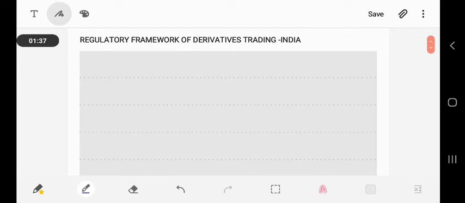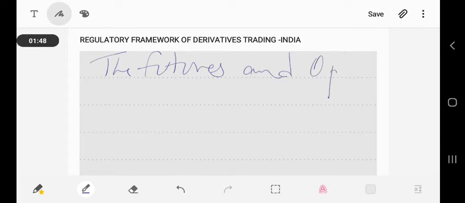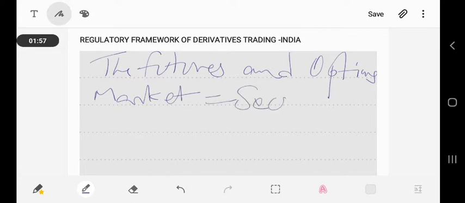The futures and options market in India is similar to the securities market.